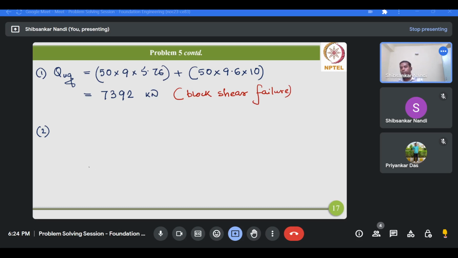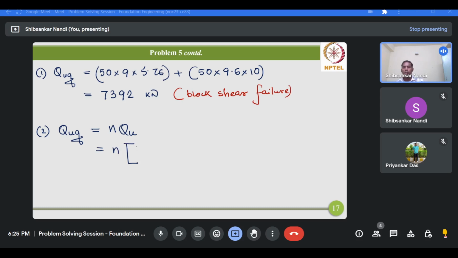Therefore QUG will be n times QU. Here n is the number of piles in the pile group, and QU is the load carrying capacity of a single pile.